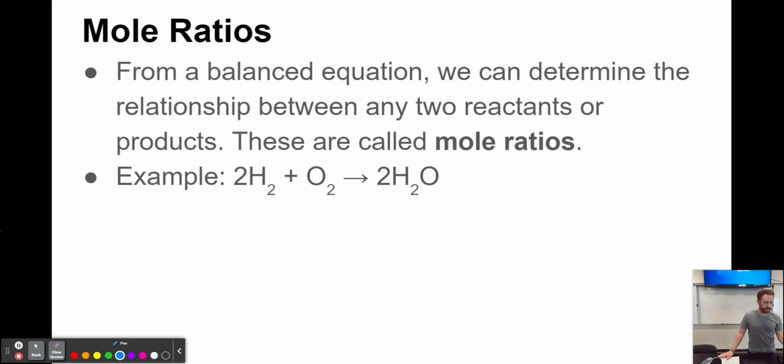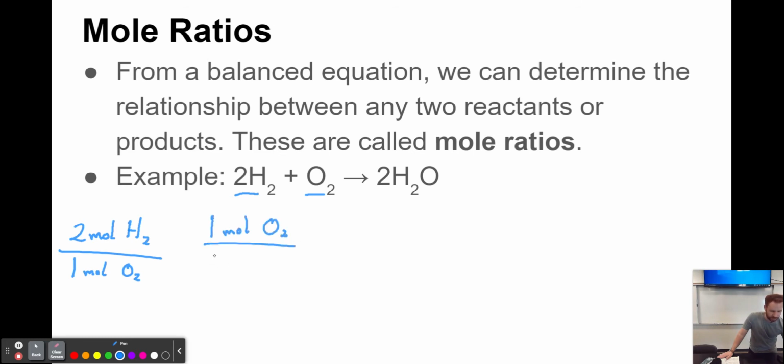In this particular reaction, if we wanted to know the relationship between hydrogen and oxygen, we know that for every 2 moles of H2, 1 mole of O2 reacts with it. We also know the inverse. We also know that for every 1 mole of O2, 2 moles of H2 react with it.